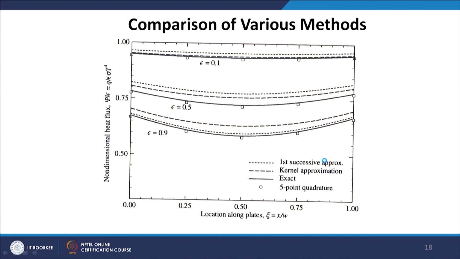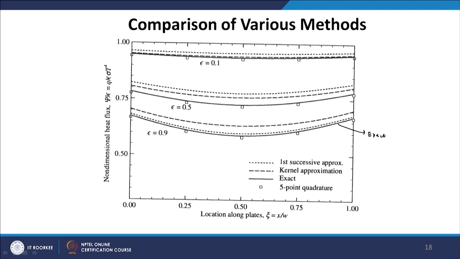On this graph we are plotting the non-dimensional heat flux for the same problem that we have just solved, two infinite parallel plates. The x axis is non-dimensional x and the y axis is non-dimensional heat flux, and we see that the solid line is the exact result, and the exact result is in good agreement with the numerical quadrature results, with 5 nodes taken.